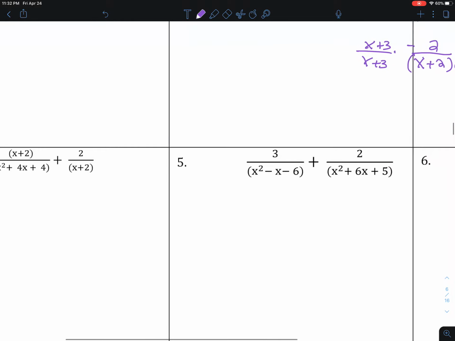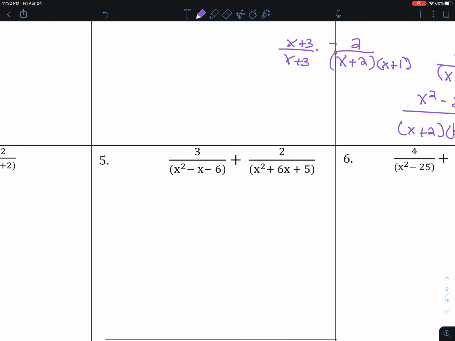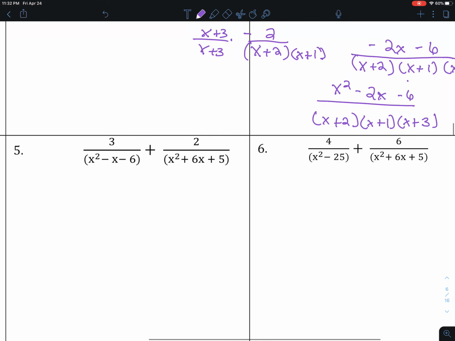Okay, I'm going to do another one that has 3 terms, 3 factors. So x squared minus x minus 6, when I factor that, I get x minus 2. Nope, x plus 2, x minus 3. And here I get x plus 5, x plus 1. Now these have nothing in common.